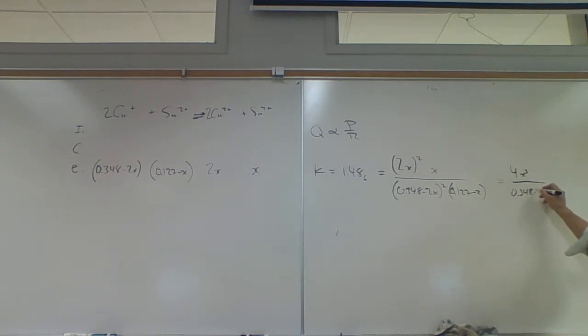I can do some algebra to try to simplify this, but it looks like a pretty tough problem. Did anybody solve it? The algebra? No. So what we're going to do is the guess and check method, or the method of successive approximations.